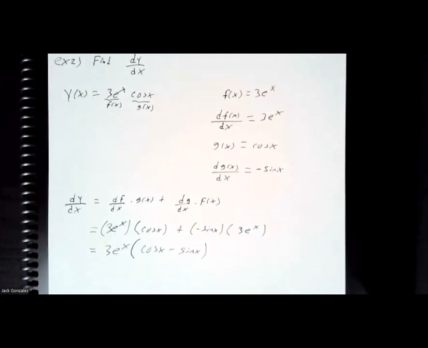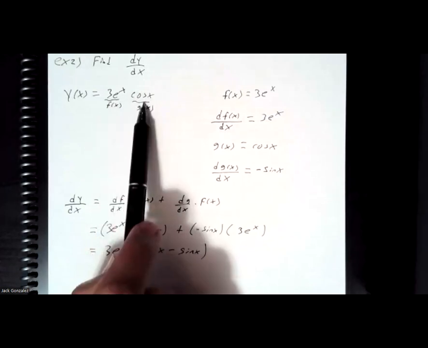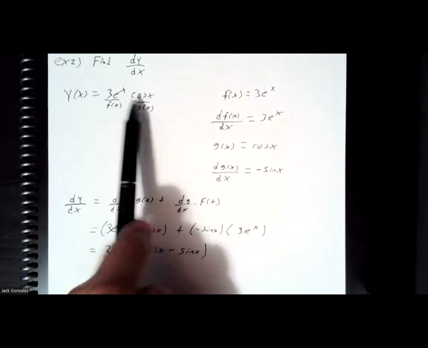Any issues with example 2? So we were looking for dy/dx. How did we know which... because this was 2 separate fractions, right? To start off with, it was 2 functions, 3e^x and cosine.